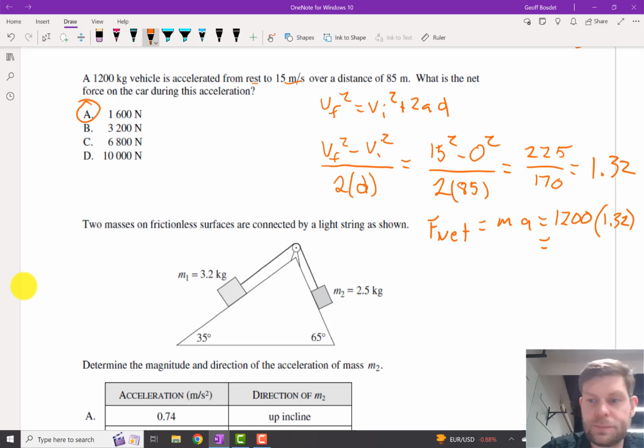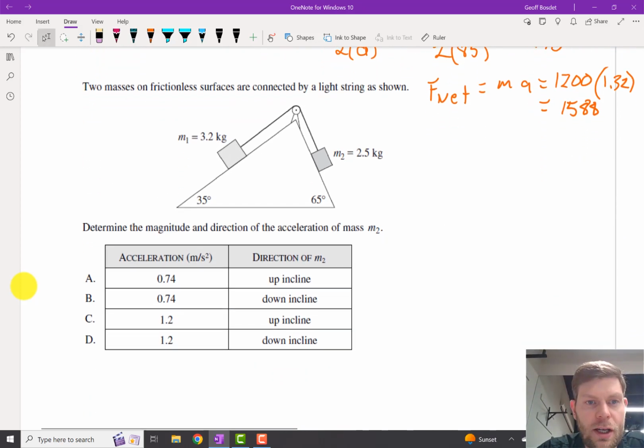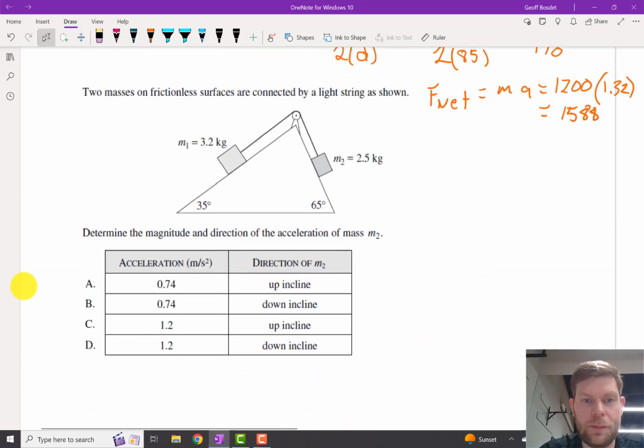Which looks like this guy. I got 1588. Well, with sig figs, we got that guy. All right, on to the next one. Still not quite done.